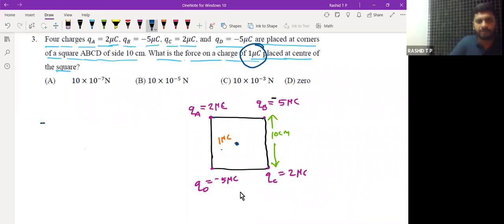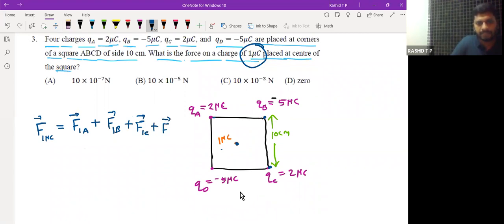Now, the force experienced by this 1 microcoulomb charge is the vector sum of the force due to the charge at position A, plus the force due to B, FB, and the force experienced by the same charge because of the charge placed at point C, that is FC.